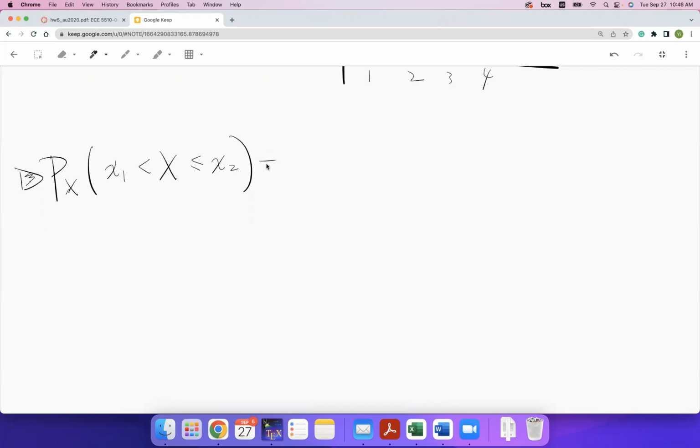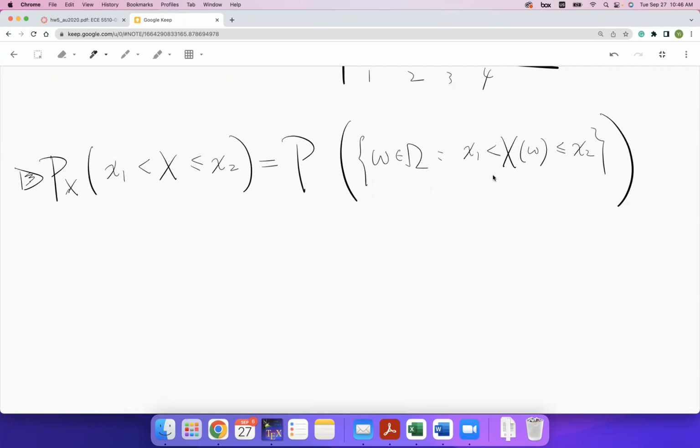Again, if we translate this into a different language, in the original probability space we are looking at the set of outcomes such that the random variable of these outcomes is between x1 and x2. And for this event, we evaluate the probability using the probability law assigned to the original experiment.